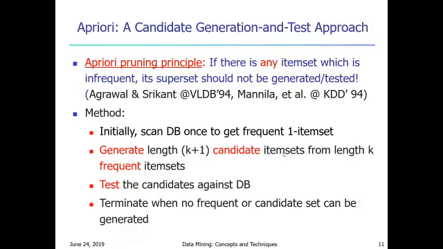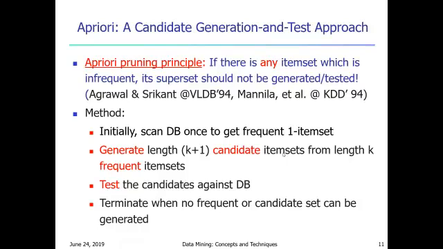Initially we scan the given database and generate the frequent one item sets. That means each item's support is determined by scanning the database. Anything infrequent will be removed based on the condition given for support.